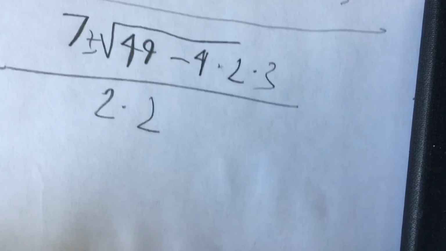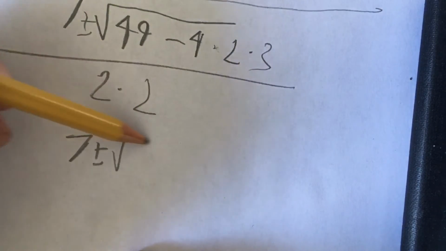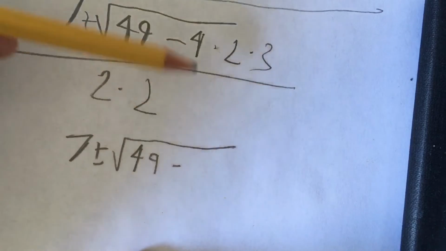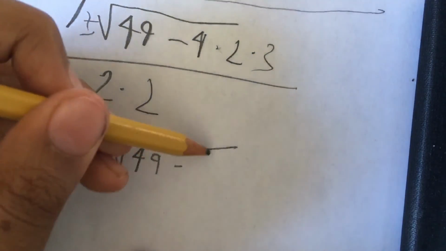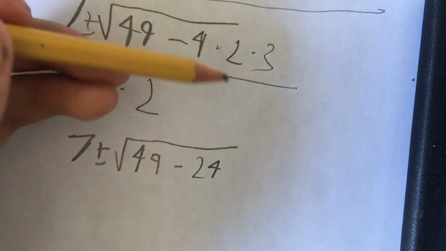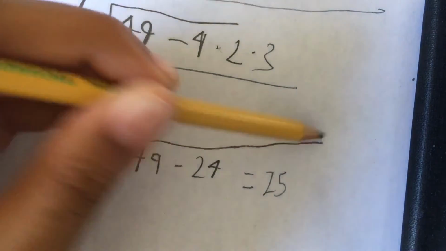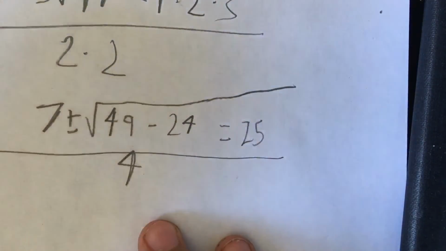So, now we can simplify this. So, 7 plus or minus the square root of 49 minus what? 4 times 2 equals 8 times 3, that equals 24. Equals 25, and then our 2 times 2 is going to equal 4.